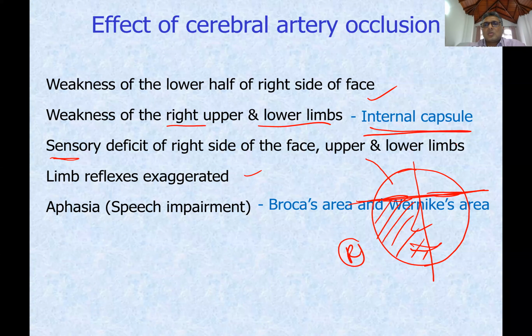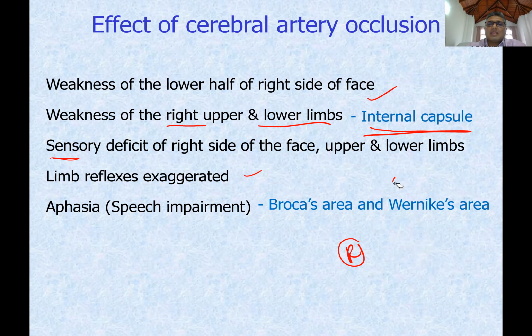So both sides you get supply. Therefore, if you damage one side, you will not get weakness of this side. So you only get the lower half of the face. Again, that indicates an upper motor type of lesion. So it's got nothing to do with the cranial nerves or the facial nerve here. It's all upper part lesions.